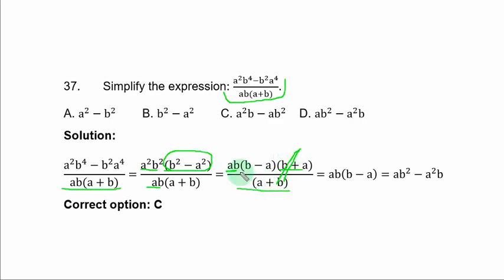You are left with ab times b minus a. If you open the bracket, ab times b, you have ab squared, minus ab times a, you have a squared b. So C is the correct option.